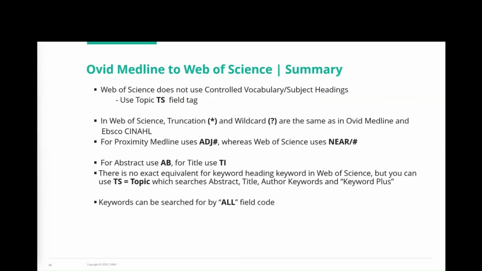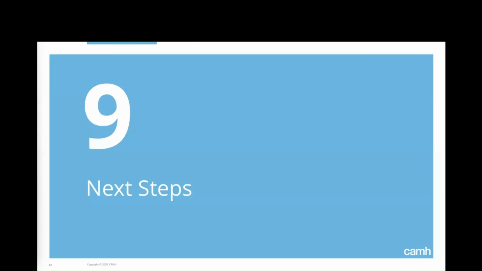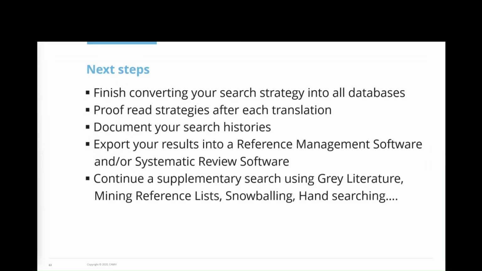Lastly are the next steps. Here are some next steps you can do once you're done converting your search. Regarding systematic review software, if you're not already aware, CAMH offers access to Covidence, which is a web-based software platform that streamlines the production of systematic reviews, and you can use it to screen citations and/or import full text.